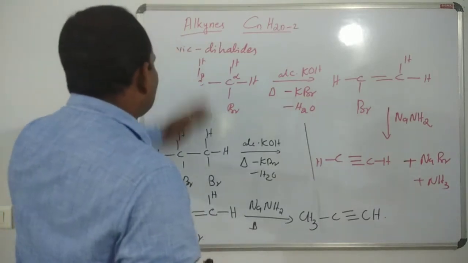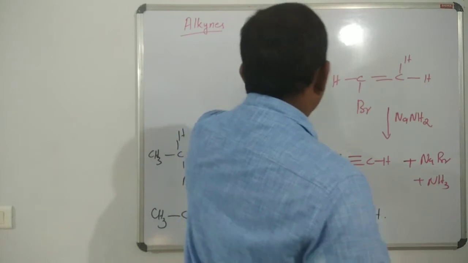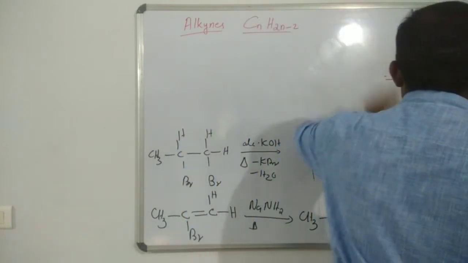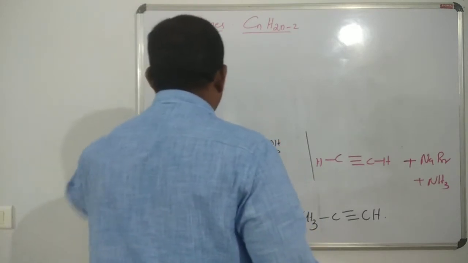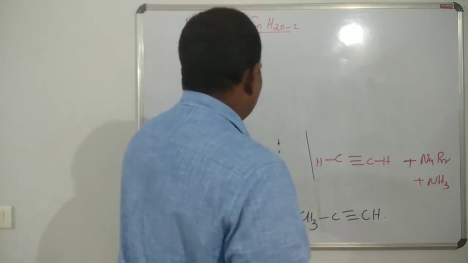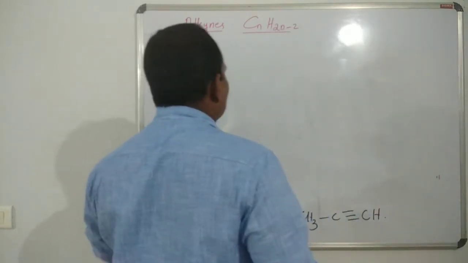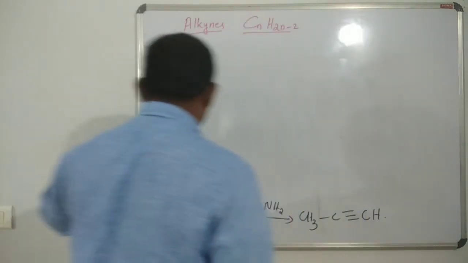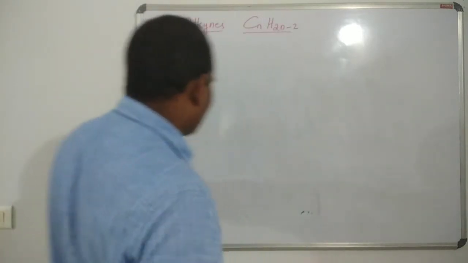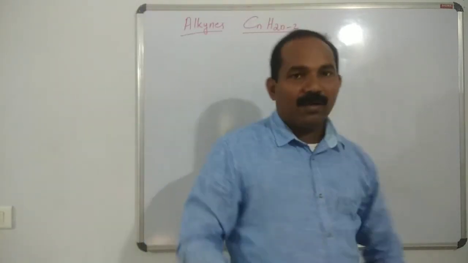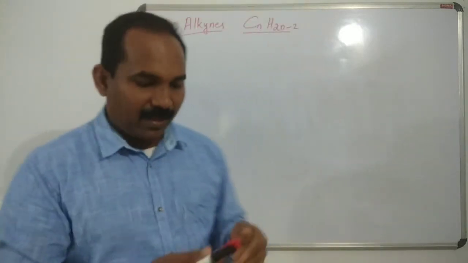The third method is from a sodium alkanide. The terminal alkyne is treated with sodium amide, we get sodium alkanide, and this sodium alkanide is treated with alkyl halides. So in some textbooks the preparation is given under the heading from alkyl halide.